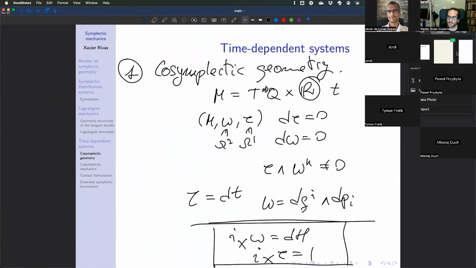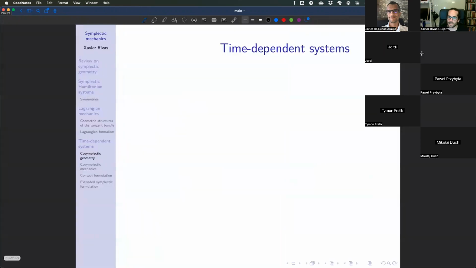There are other approaches. I will not talk about them a lot, but you can use contact geometry also. Lately, contact geometry is being used to describe non-conservative systems, but before that, it was used to describe time-dependent systems in a different way, of course.